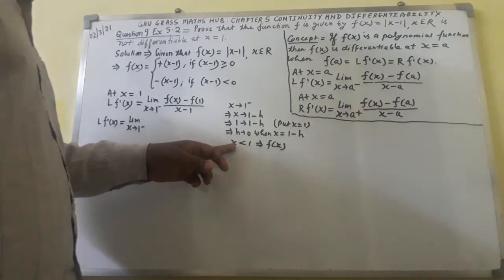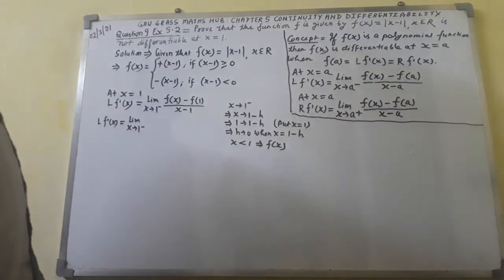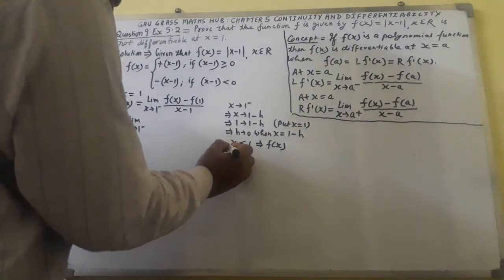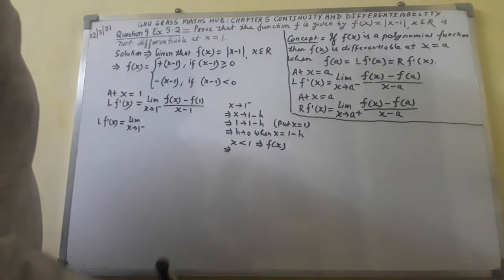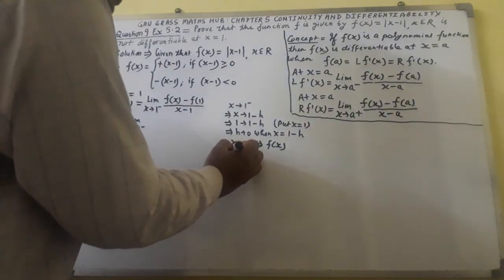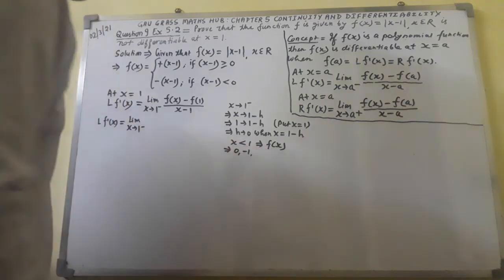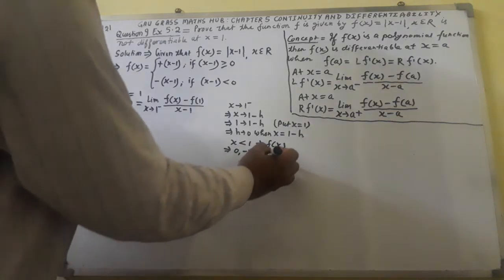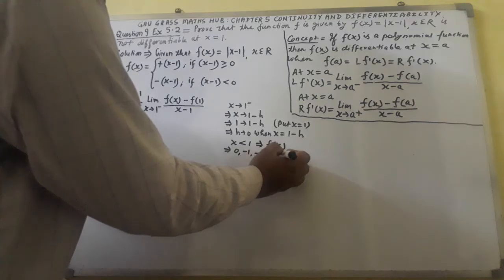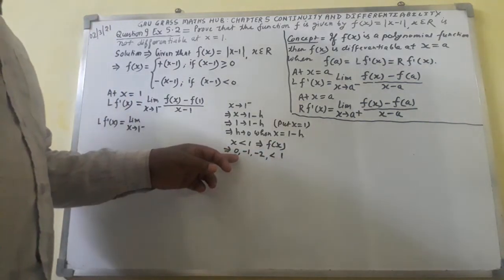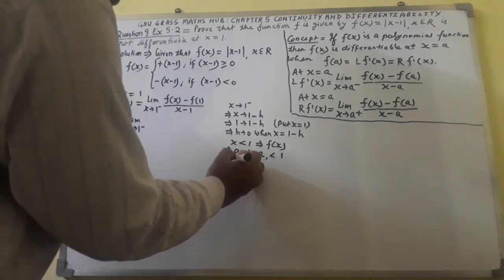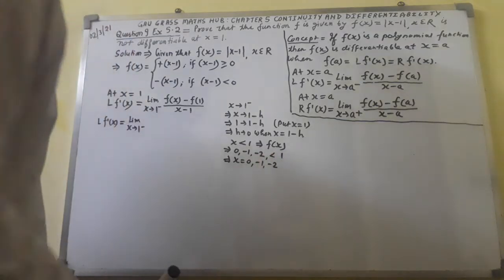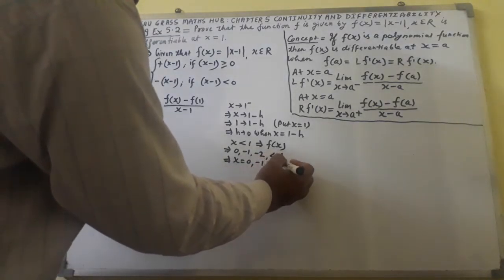The value of x can be minus 1, minus 2. All these things are less than 1.